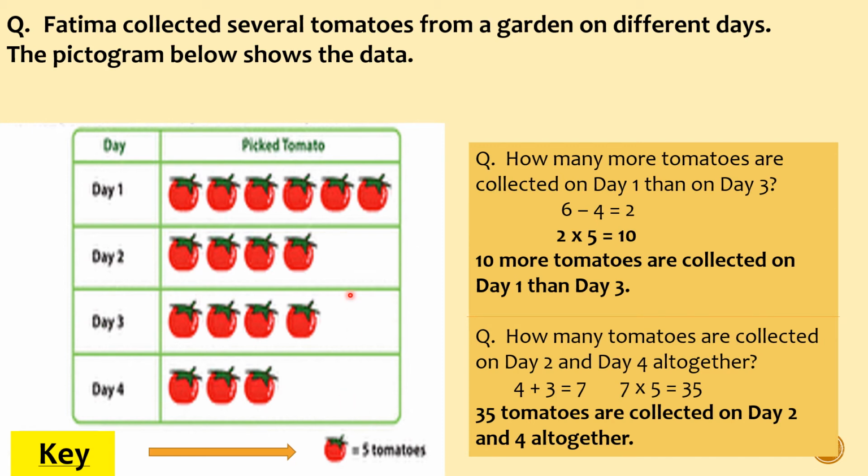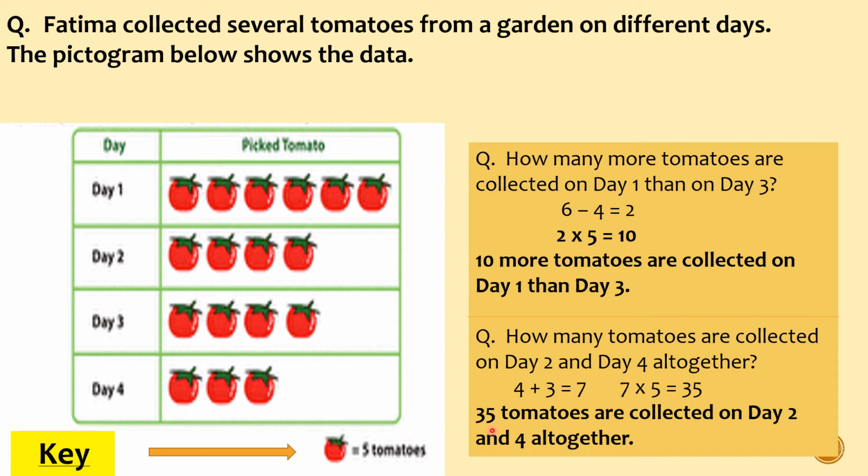My answer is 35. Or you can first add the pictures, which is 4 plus 3 is 7, and then multiply 7 by 5, which is 35. Same thing. The answer is the same. The method is a little bit different. 35 tomatoes are collected on day 2 and day 4 altogether.